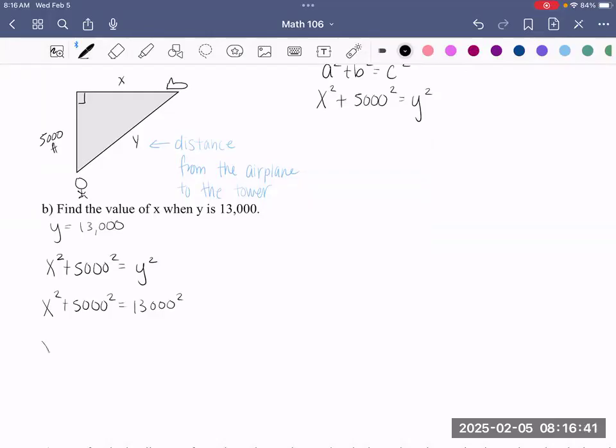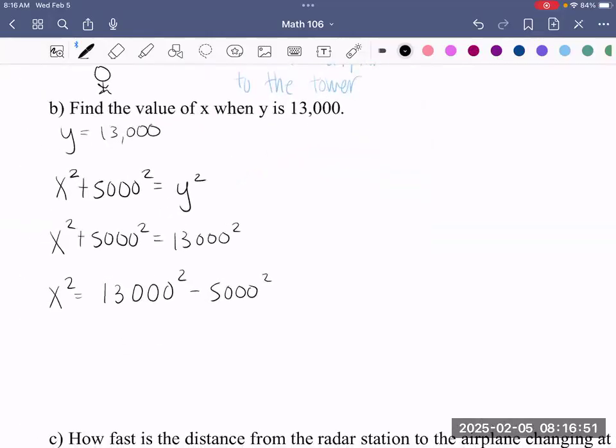Solving for x, let's bring your 5,000 to the other side. And we can go ahead and square root it. Keep in mind, every time we go to square root, we have that plus or minus sign.